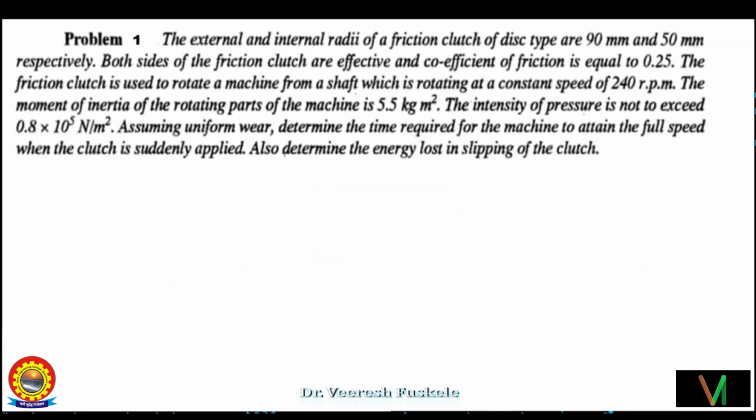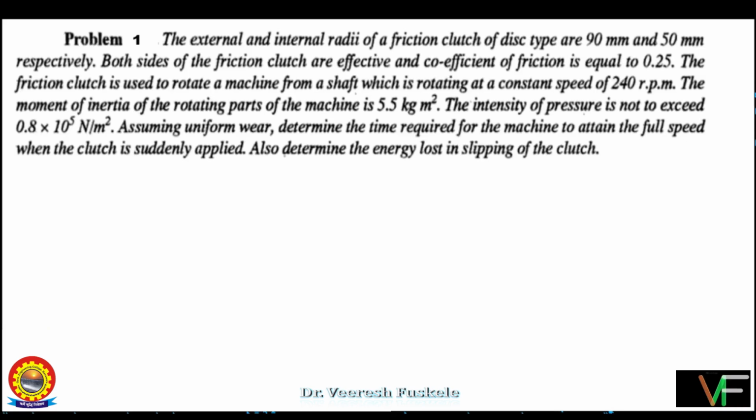The problem is: the external and internal radii of a friction clutch of disc type are 90 mm and 50 mm respectively. Both sides of the friction clutch are effective and the coefficient of friction is equal to 0.25. The friction clutch is used to rotate a machine from a shaft which is rotating at a constant speed of 240 rpm.